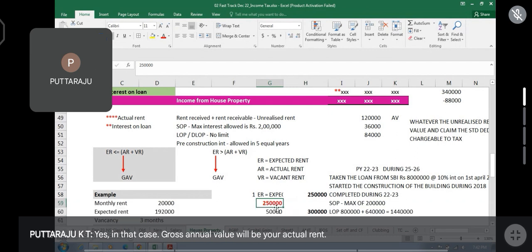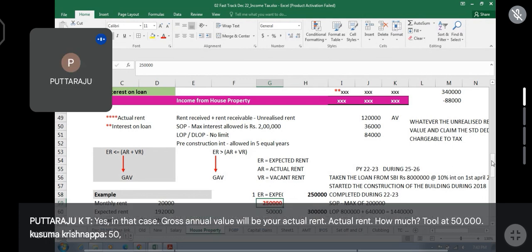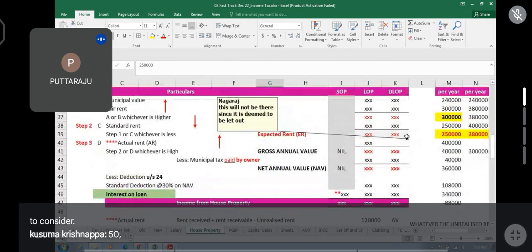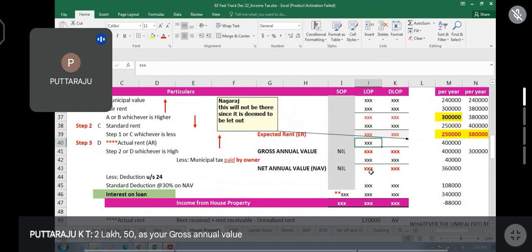How much? 2 lakh 50,000. You have to consider 2 lakh 50 as your gross annual value. Understanding? Yes, sir. Okay.